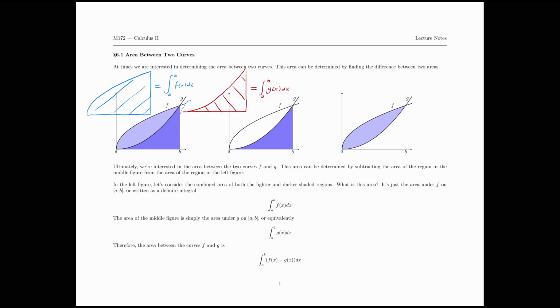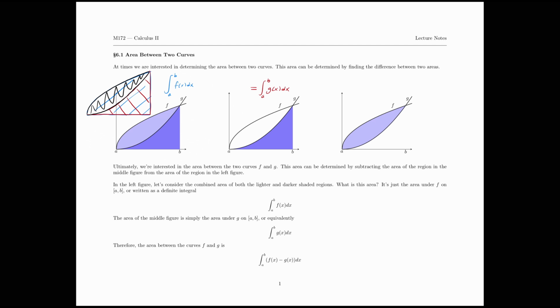So if we go ahead and line these two up as nicely as I can, it looks like what's left over is this petal, like flower petal kind of looking thing. And that right there in black, that area would be the difference in these two integrals.